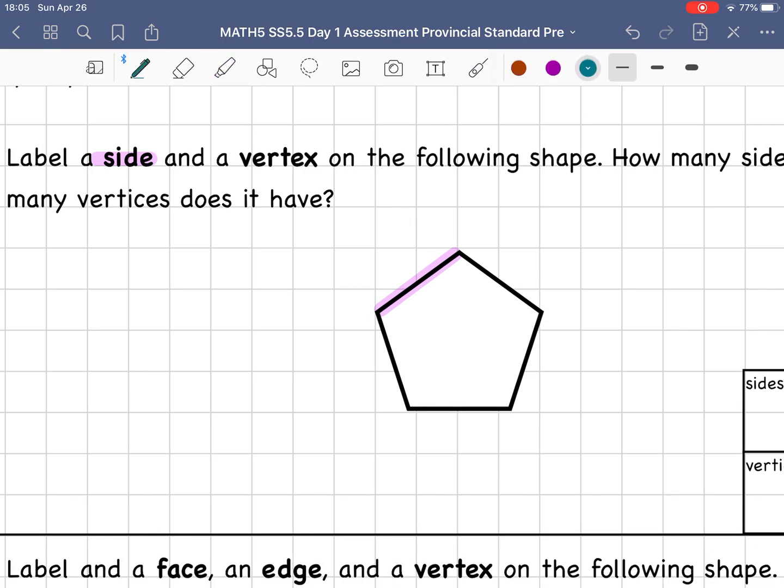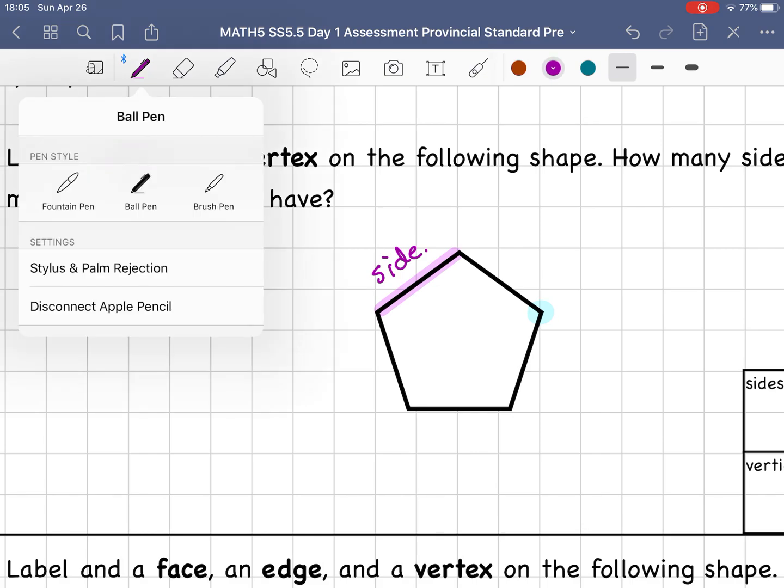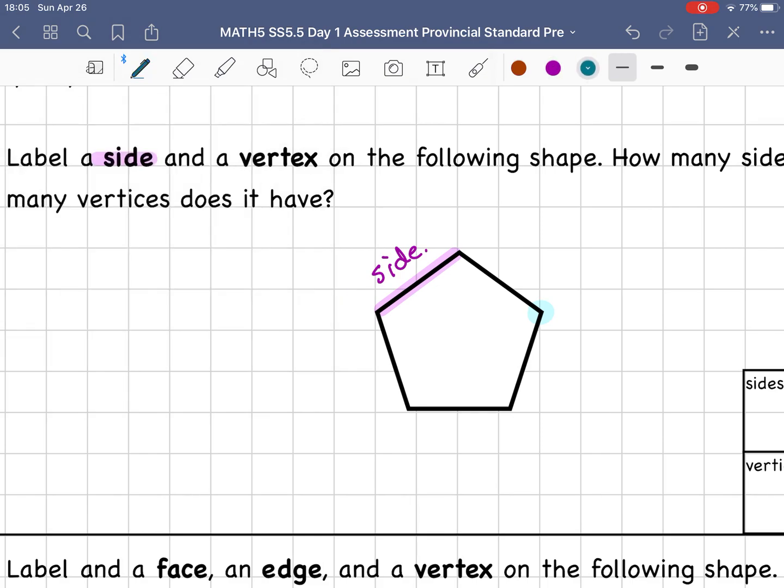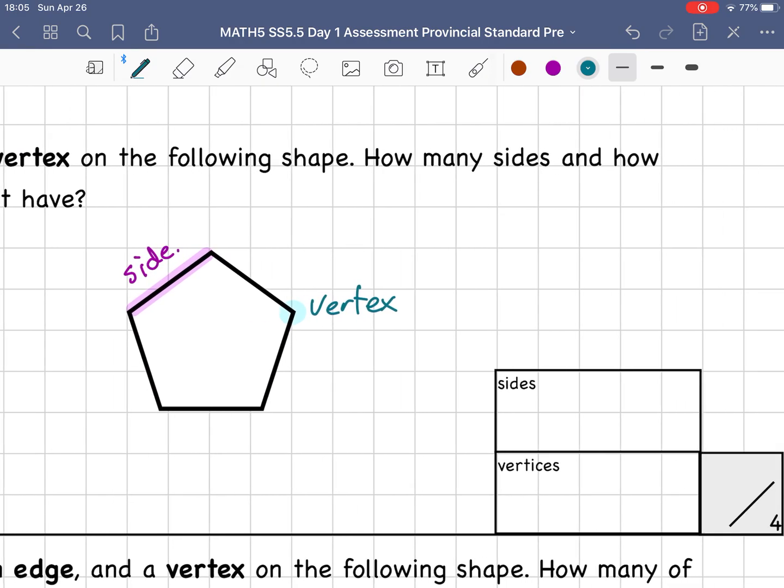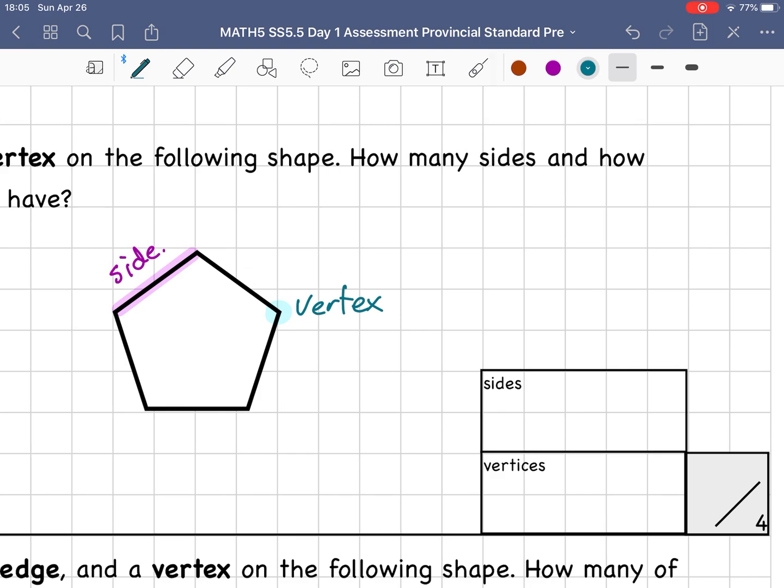There's one side right there in pink. There's a side. Vertices, I'm going to highlight in blue. There's one vertex right there. And there's one vertex. A vertex is where two sides meet.